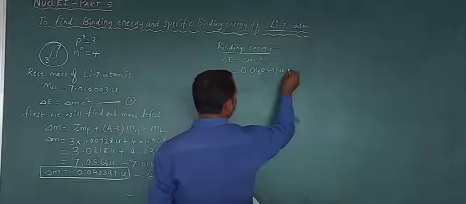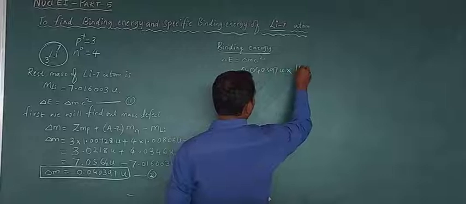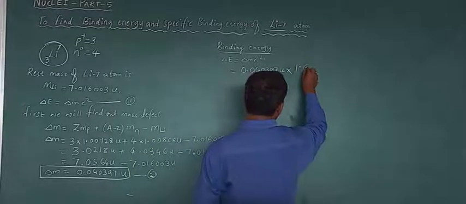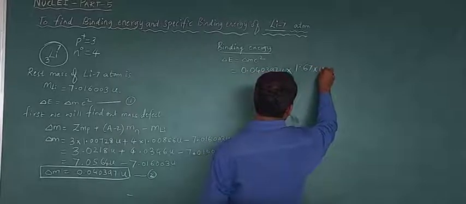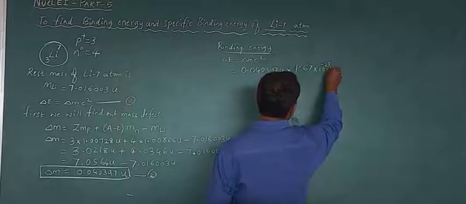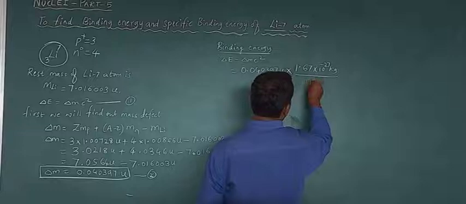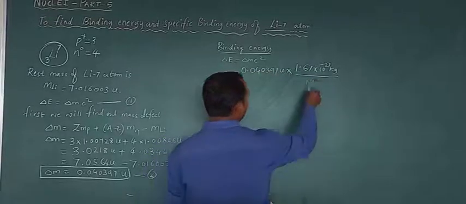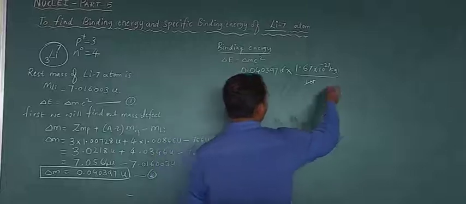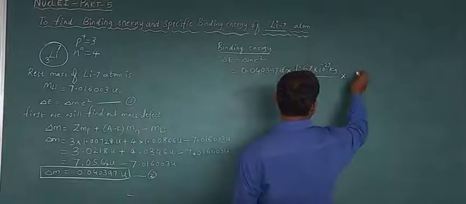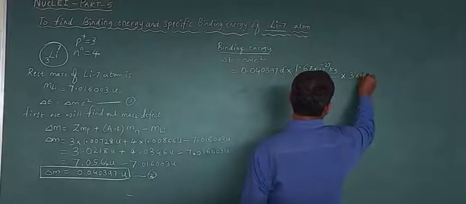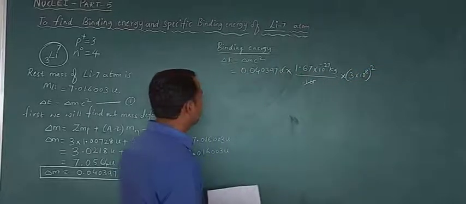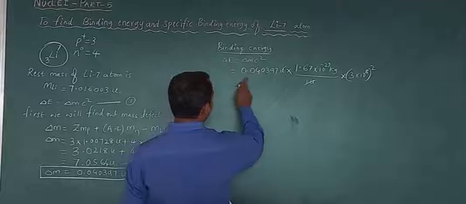For that, I multiply by one atomic mass unit, which is about 1.67 times 10 to the power of minus 27 kg per unit, so the units cancel. Here c squared is 3 times 10 to the power of 8, the speed of light in vacuum, squared.